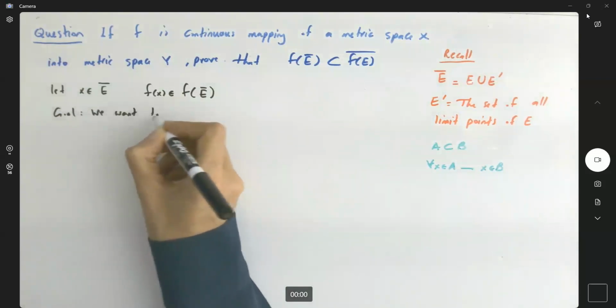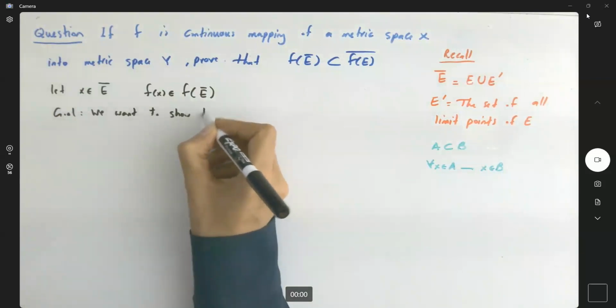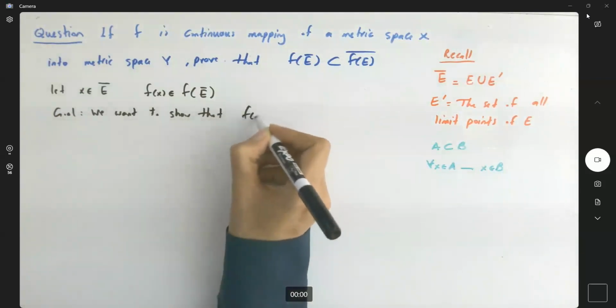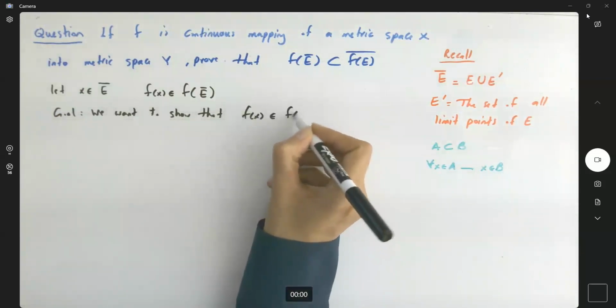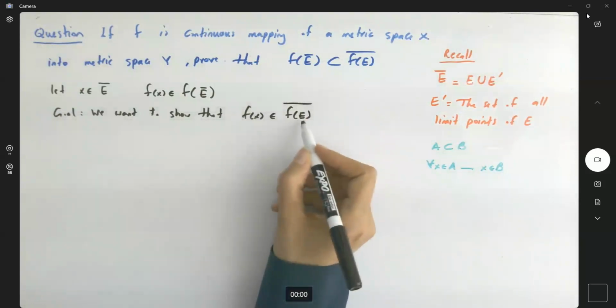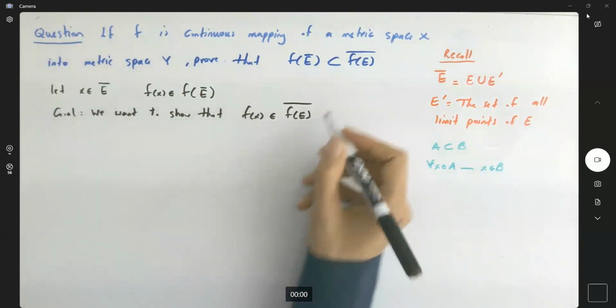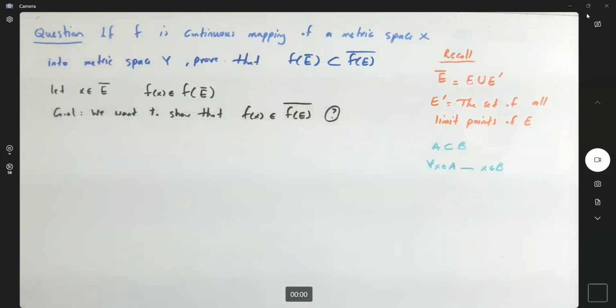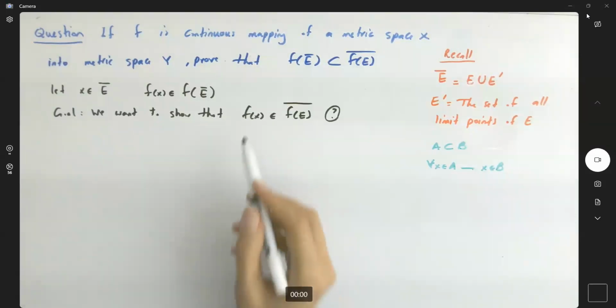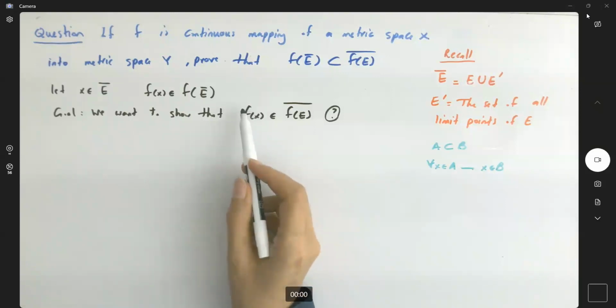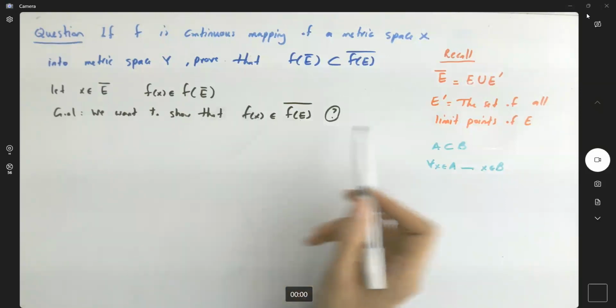We want to show that f of x belongs to the closure of the image of E under f. Let's put a question mark here. If we can show that f of x is a limit point, then we're done.